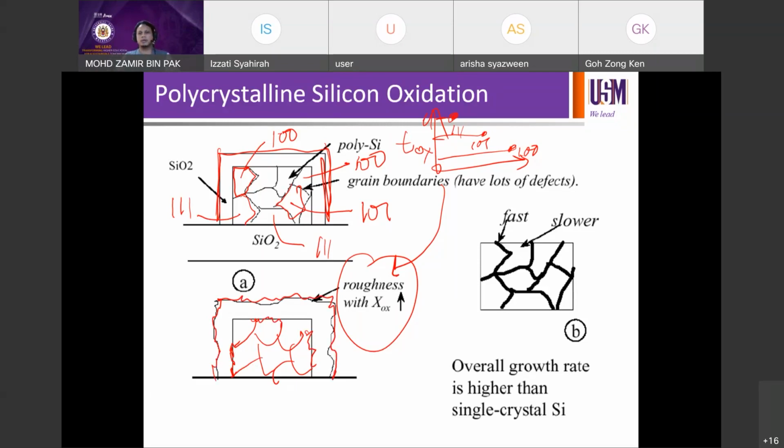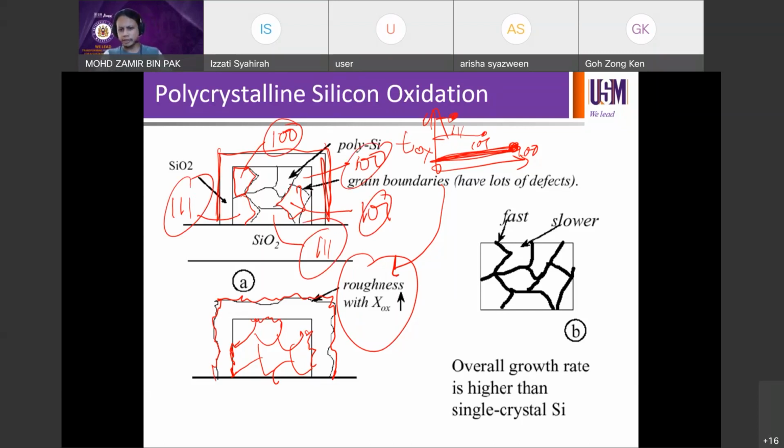If it is mono, you're going to get a very smooth oxide because it is just a single crystalline orientation, and the growth rate is only single. But here you have plenty of different orientations everywhere randomly, so as a result we get a rough oxide thickness across.